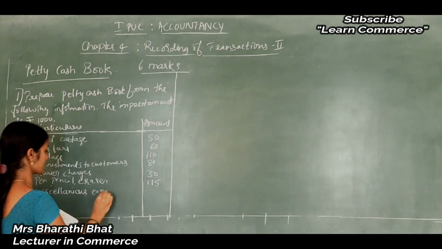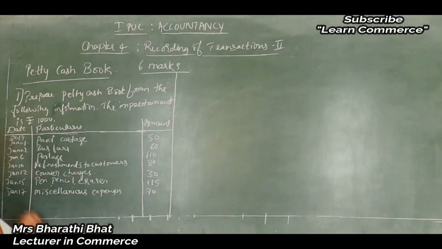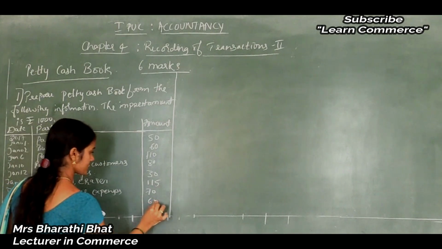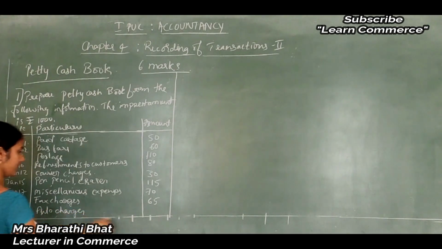Miscellaneous expenses 70. And Jan 26, fax charges 65. Jan 31, auto charges 90 rupees.